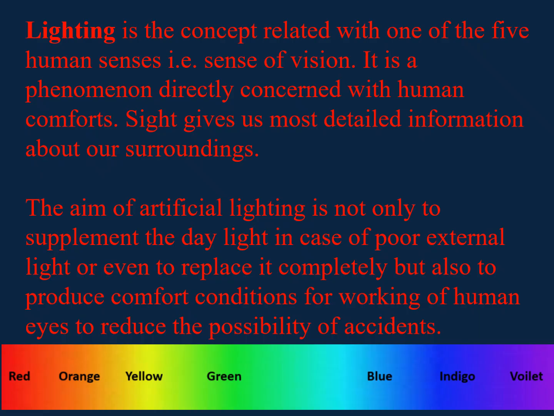Actually it is VIBGYO, and we will work on this. Anything below red is known as infrared and has got heating effect, and anything beyond violet range is known as ultraviolet light.